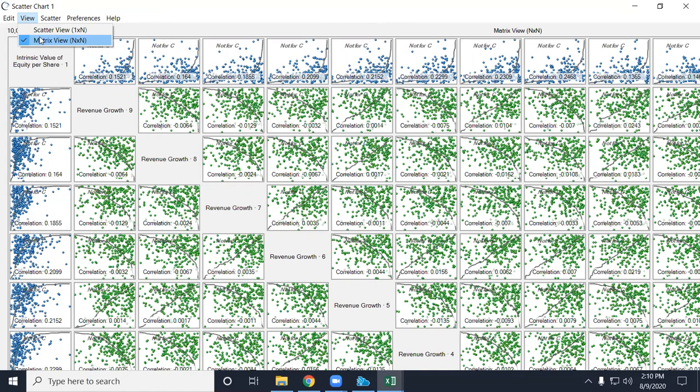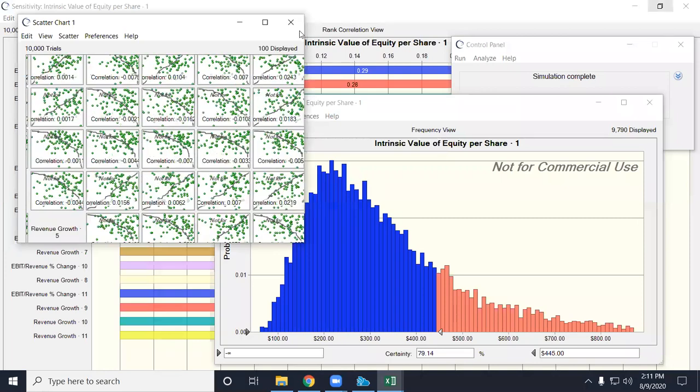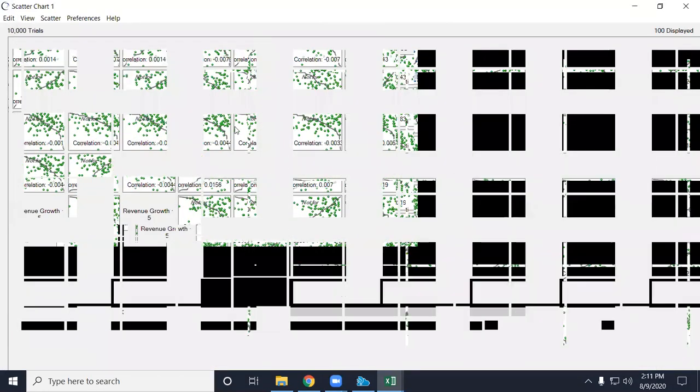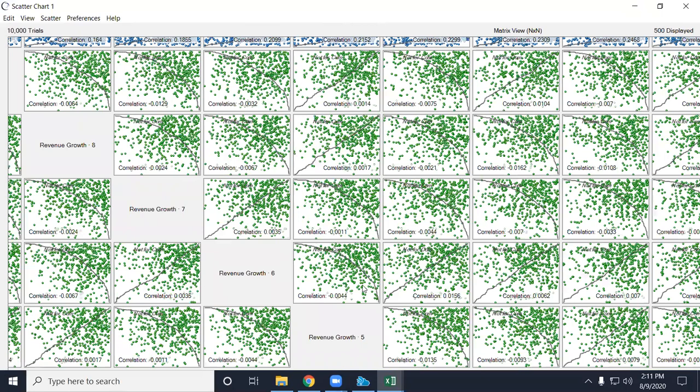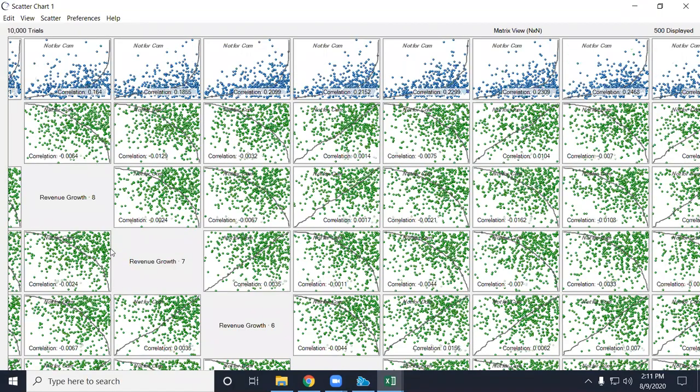I'm not going to go into each chart one by one, but you can see here, my computer is a little bit slow. You can see the correlations between the output values and the input values, as well as input values to input values.